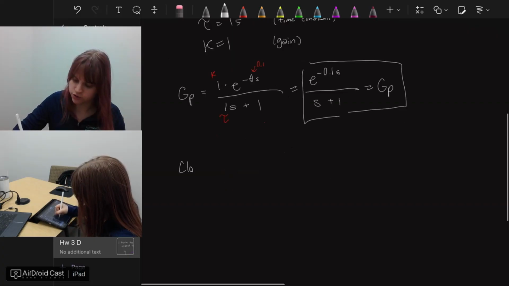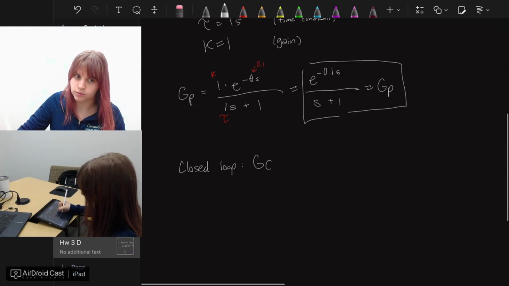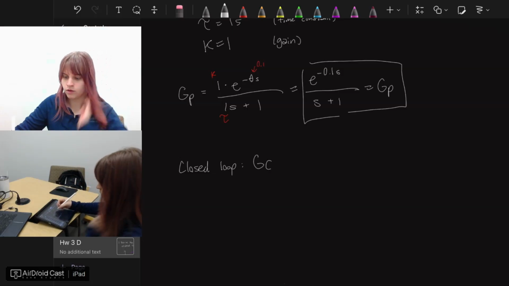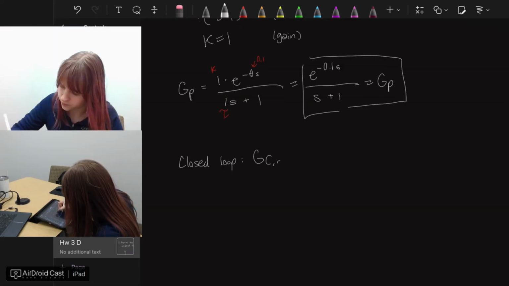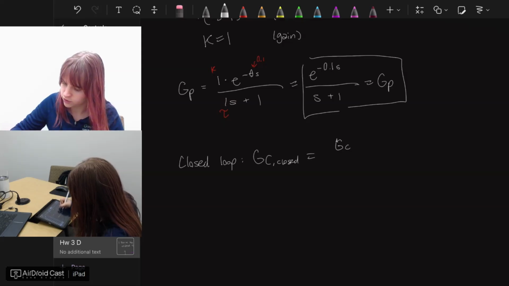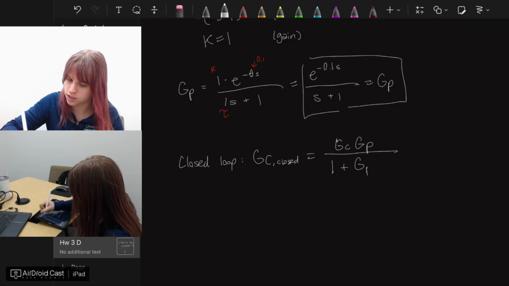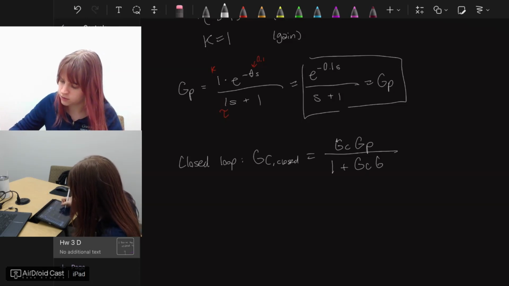Our closed loop is equal to GC GP divided by 1 plus GC GP.